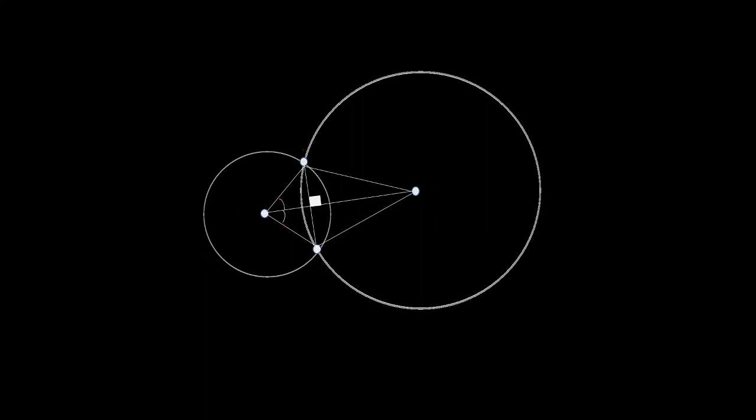Before we find many circles which bisect the circumference of these two circles, we have to find at least one. So let's first see a circle which will bisect the circumference of these two circles.